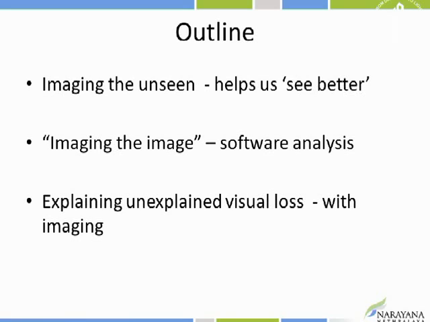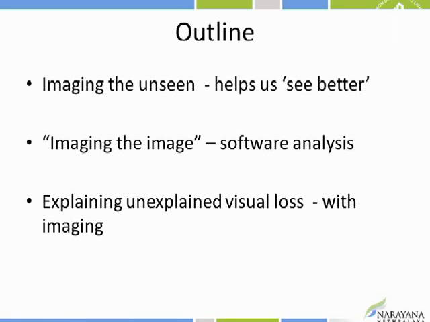The idea here is just to talk about what recent advances have happened in our ability to image so-called normal-looking babies, especially normal-looking retina, and otherwise not normal. I'm outlining my talk into three parts. One is imaging the unseen, which helps us see better.